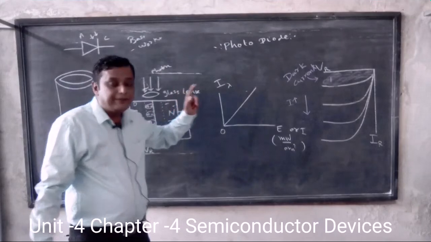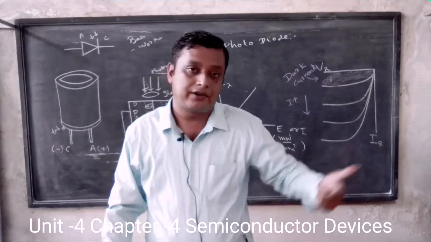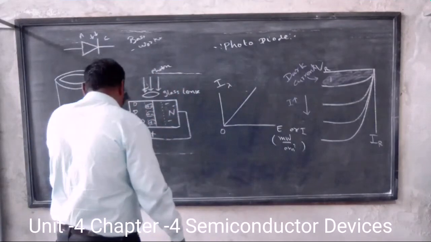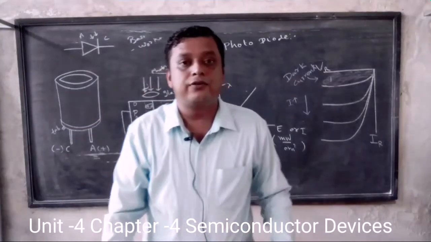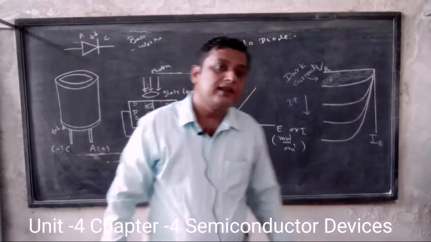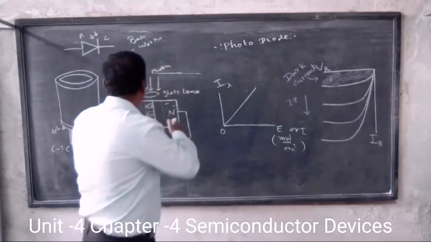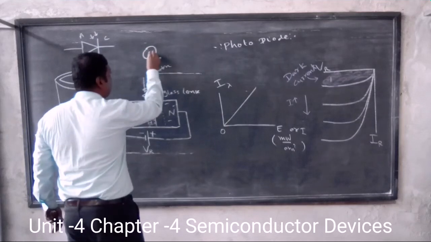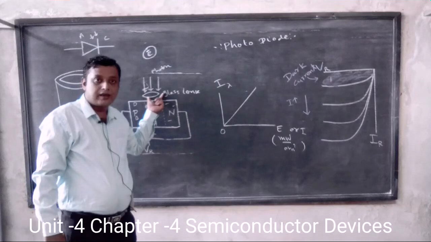Now I am going to discuss how the photodiode works. Working of the photodiode. Photodiodes are used to convert light energy to electrical energy. This is a glass convex lens.